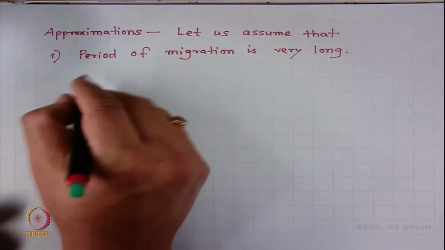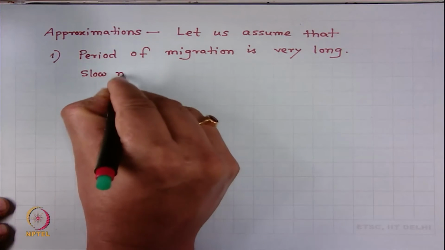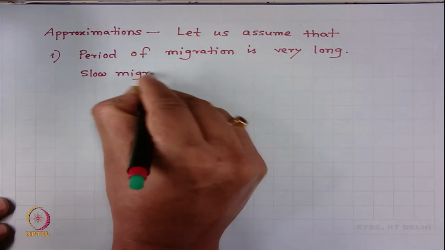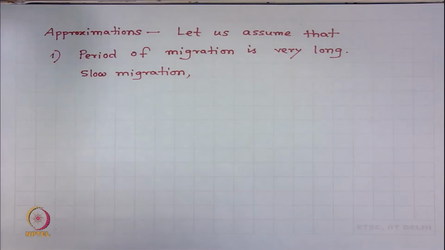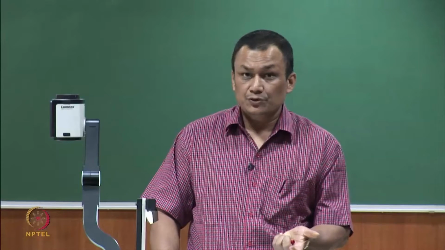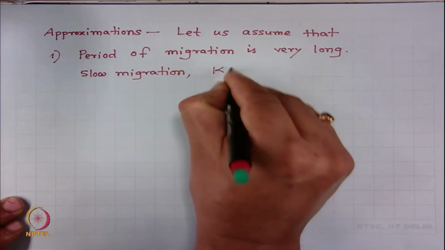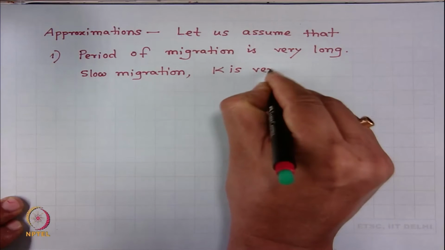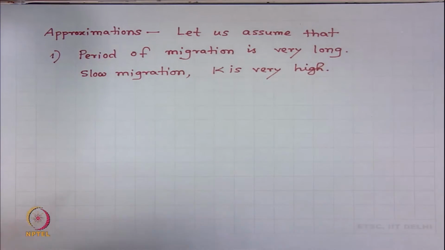What does that mean? Slow migration. If period of migration is very long, k is proportional to p. So, k is very high. So, this is our first assumption.